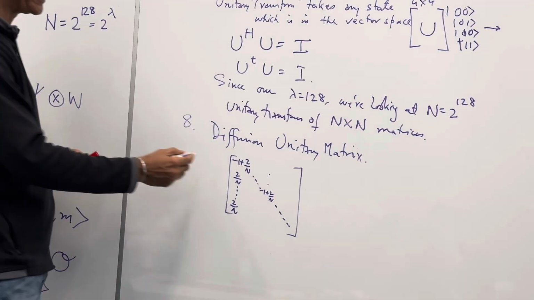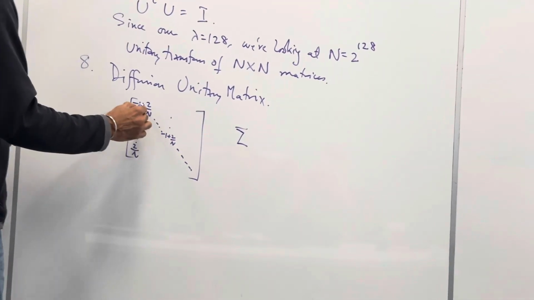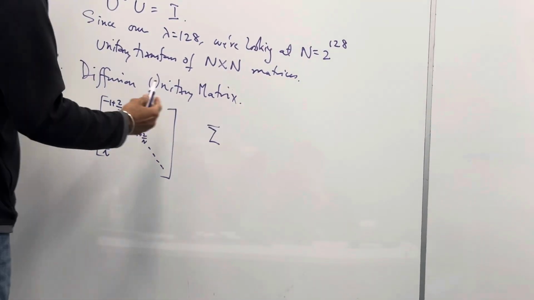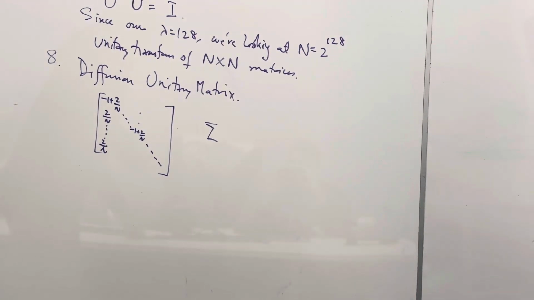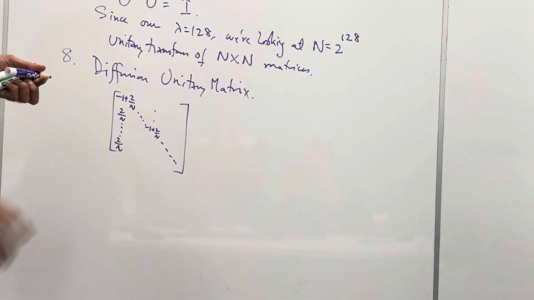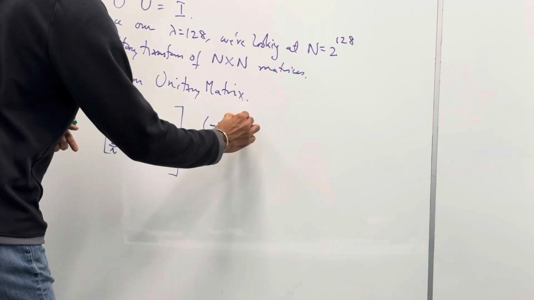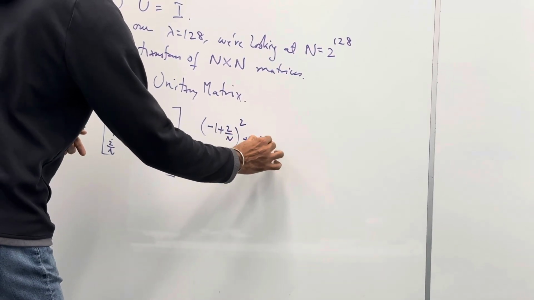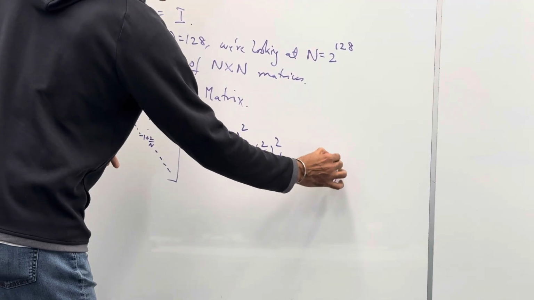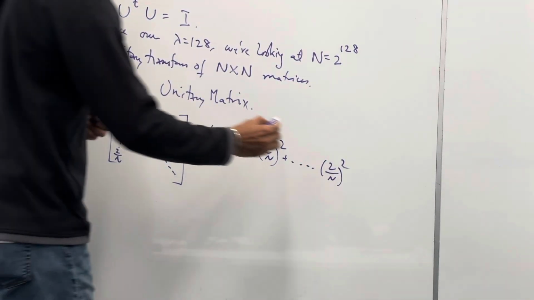For example, you will be checking this inner product of a column with itself. So you'll be checking if (-1 plus 2 by n) squared plus (2 by n) squared plus and so on, up to (2 by n) squared, is equal to 1.